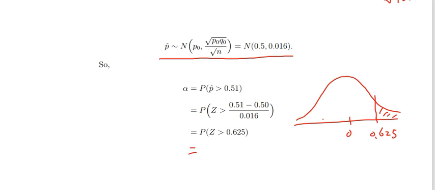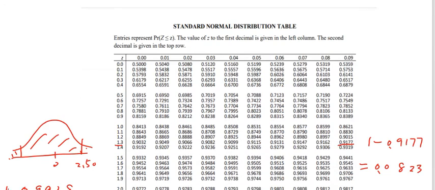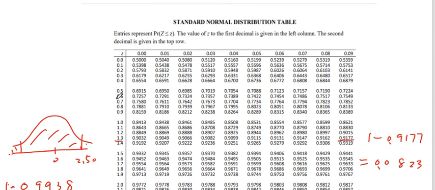To check the Z table, we only need 2 decimal digits. So we change this to 0.63. Now we just check the Z table. 0.63, here, 0.7357.